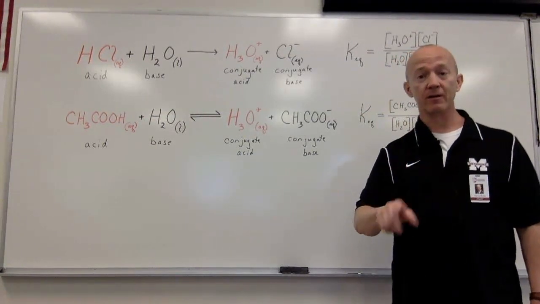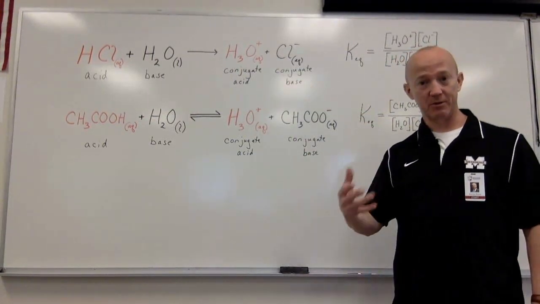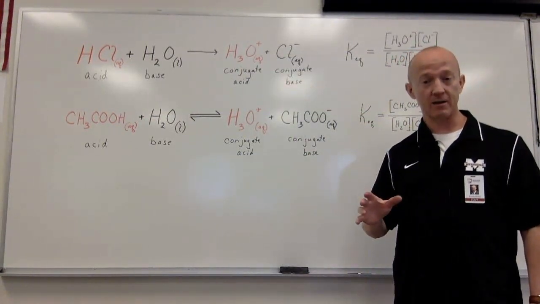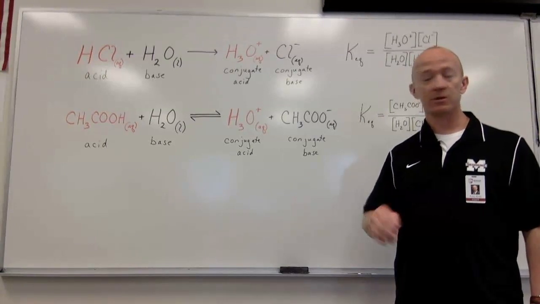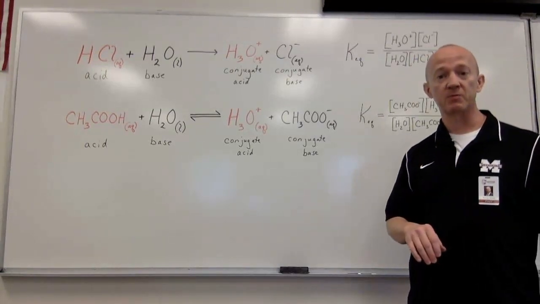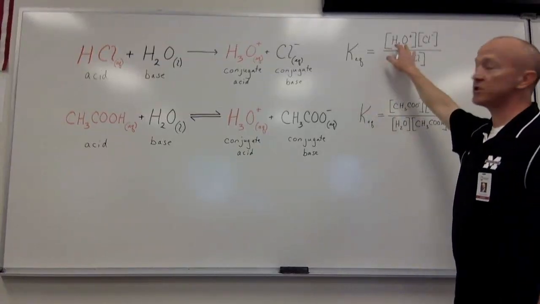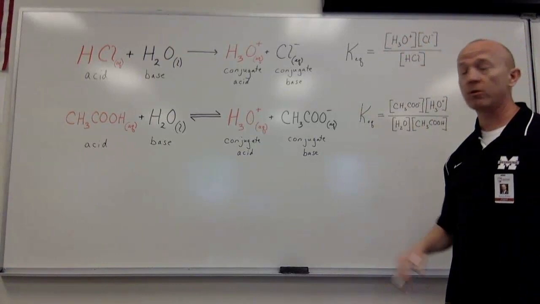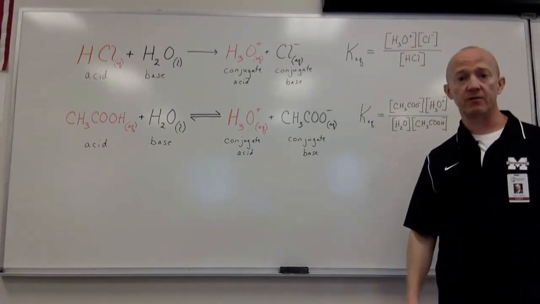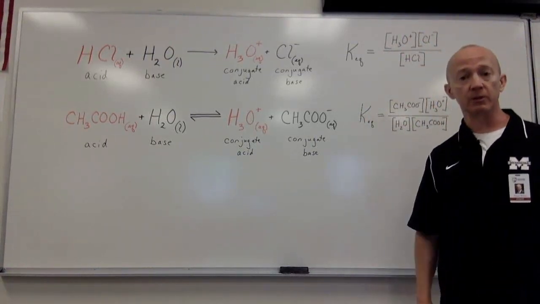But remember, water is a pure substance, right? And what we do with pure substances, we don't use them in our equilibrium expression. So we simply have the concentration of hydronium times the concentration of chloride over the concentration of hydrochloric acid at equilibrium.